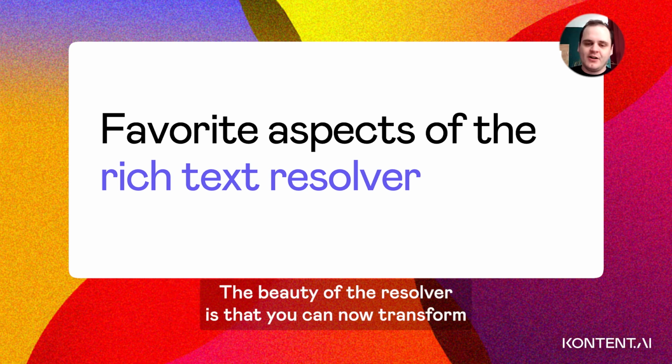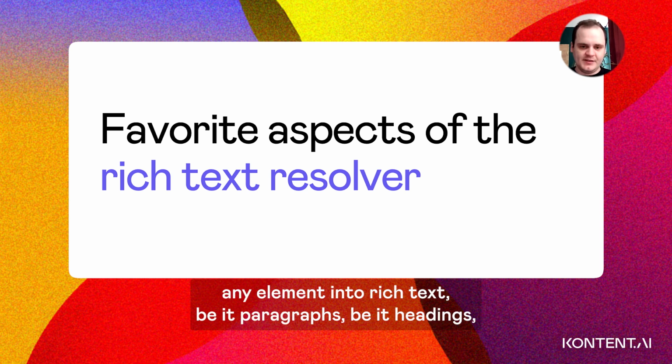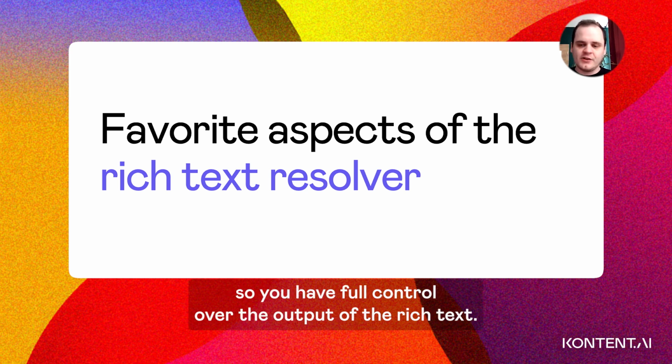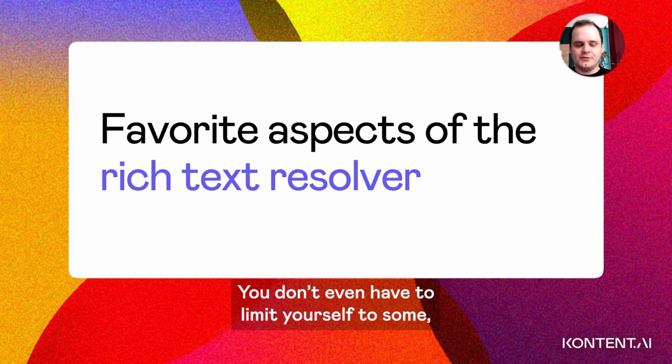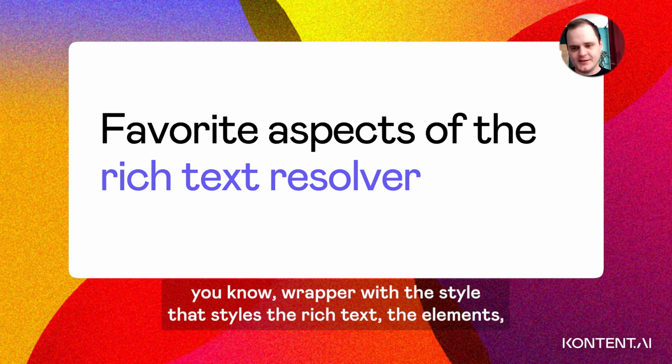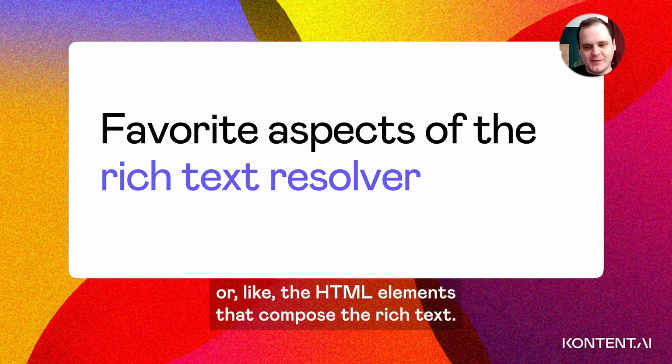The beauty of the resolver is that you can now transform any element in the rich text, be it paragraphs, be it headings. So you have full control over the output of the rich text. You don't have to limit yourself to some wrapper with the style that styles the rich text elements, or the HTML elements that compose the rich text.